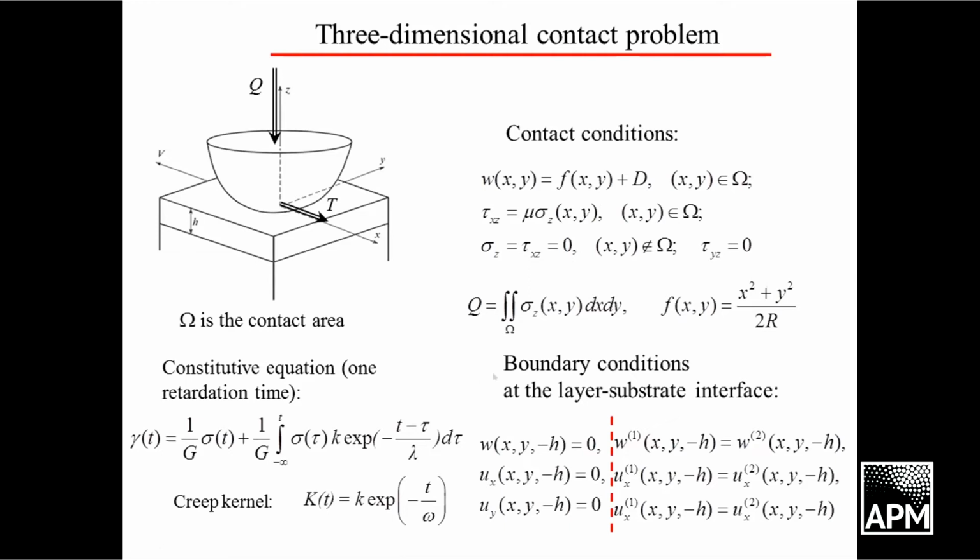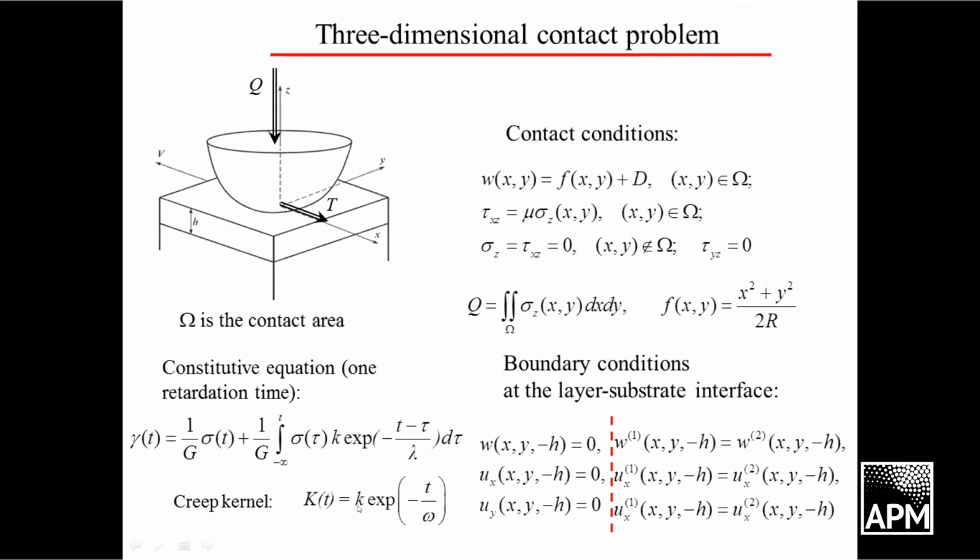We use here the model of linear viscoelastic material with this constitutive equation. We also use the simplest one, with one relaxation and one retardation time, and the following creep kernel.